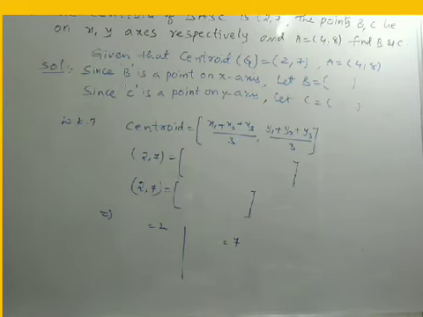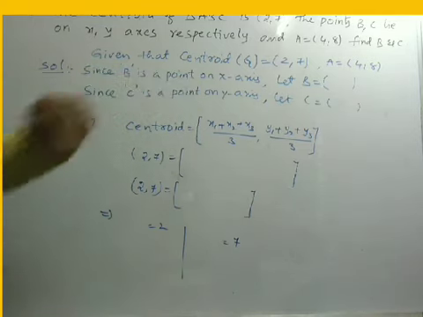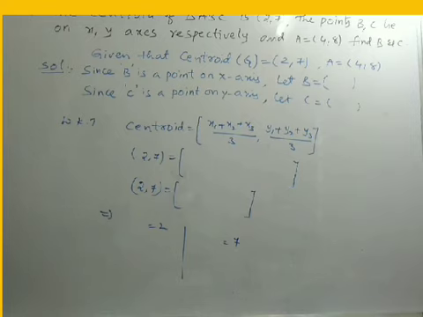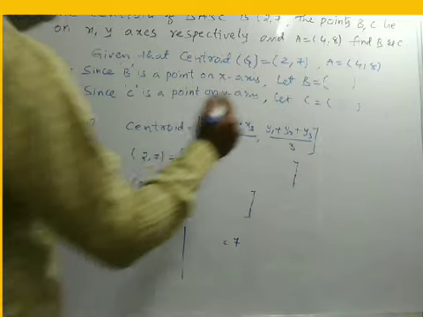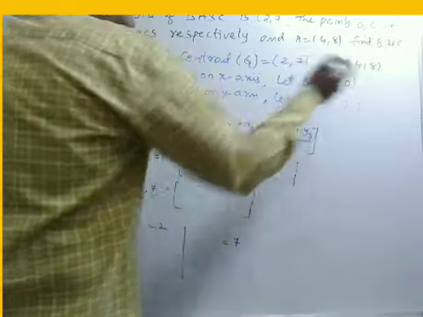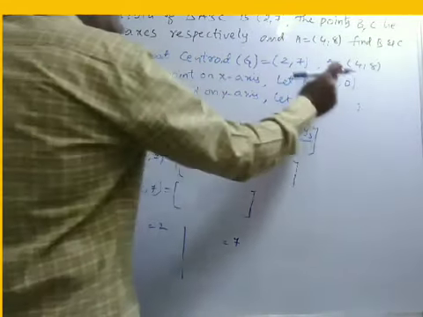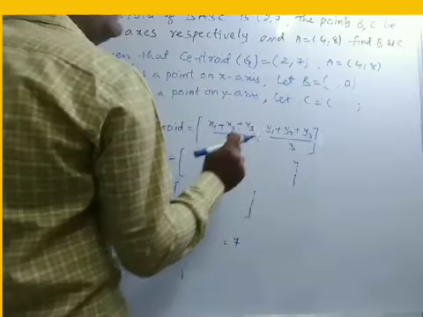Okay, fine. Since capital B is a point on the x-axis, as we already discussed, its y-coordinate must be 0. The point must be something comma 0, because it is a point on the x-axis, so the y-coordinate must be 0.